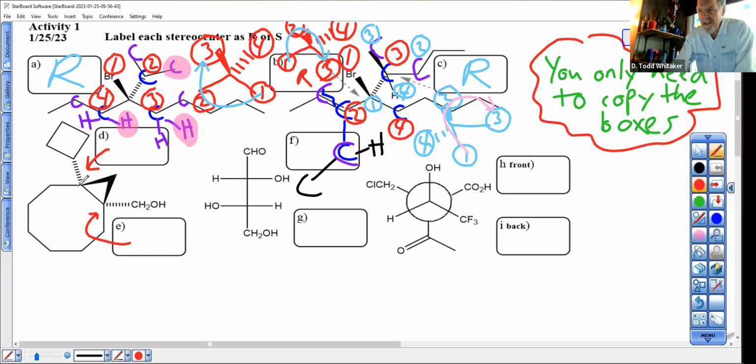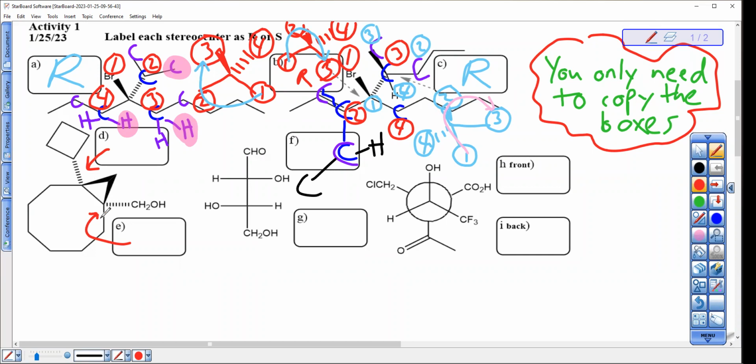Do you agree that every carbon attached here, this one and this one and this one, those 3 have bonds to H, and this one does not, only bonds to C? What does that make this carbon for this stereo center? Give me a number 1, 2, 3, 4. It has 3 more bonds to C. These do not. Number 1.